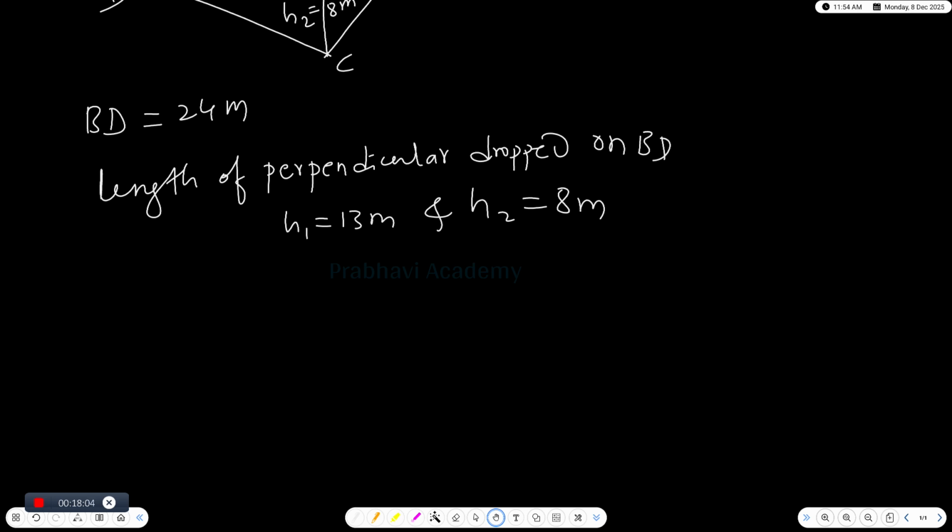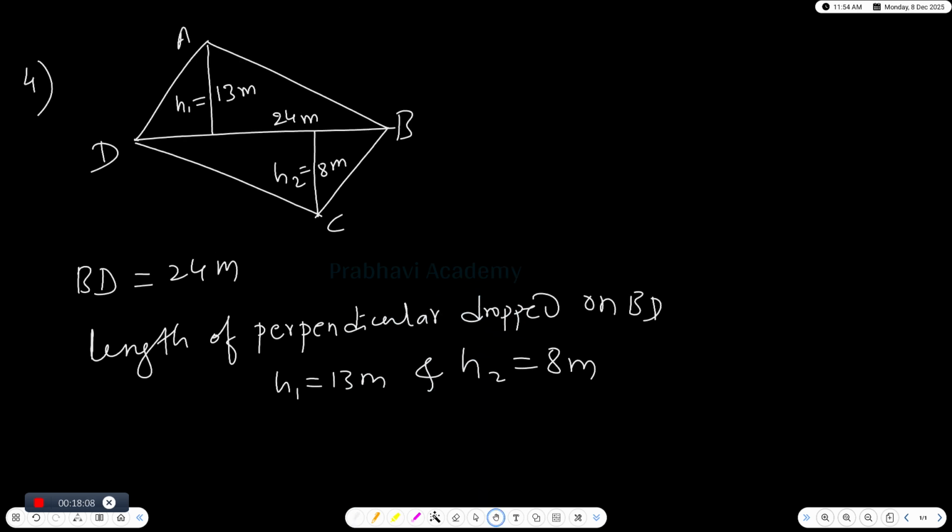Now area of quadrilateral ABCD is equal to, you can see it forms two triangles, right? Two triangles are seen here. ABD, one triangle. The other triangle is BCD with the common side DB.